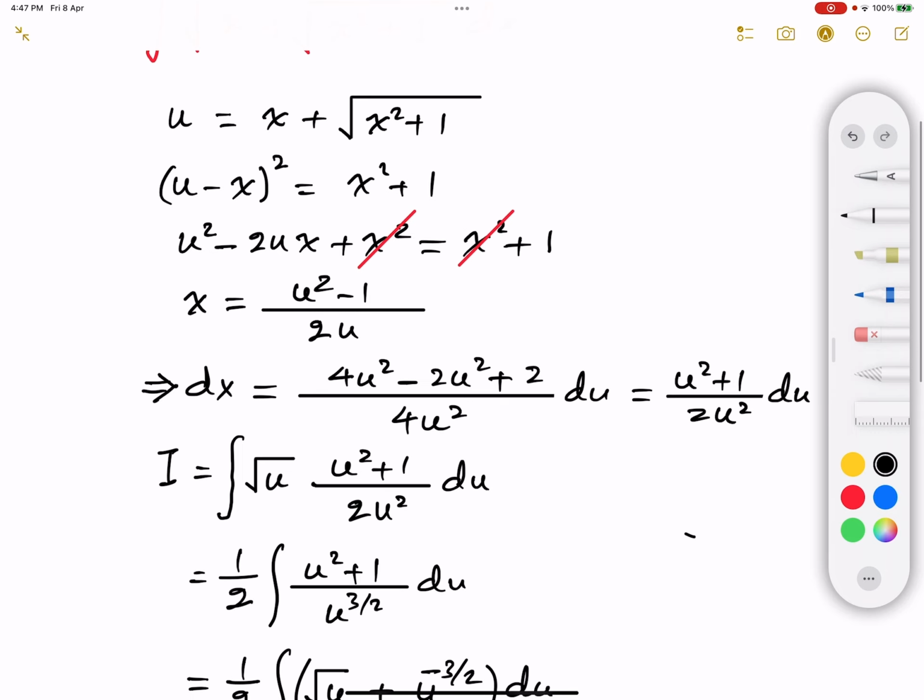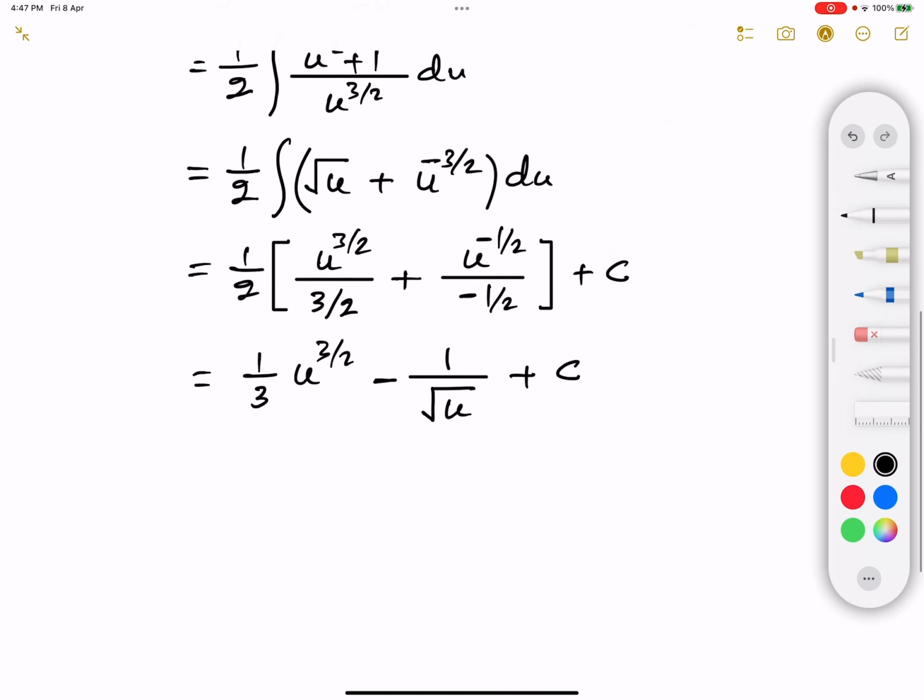So u is x plus the square root of x squared plus 1. We can write that down here.